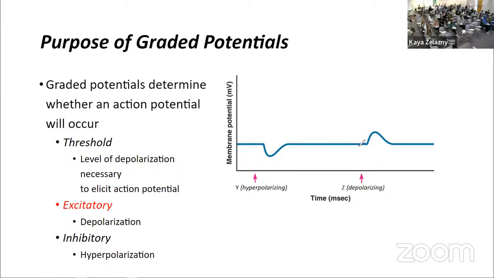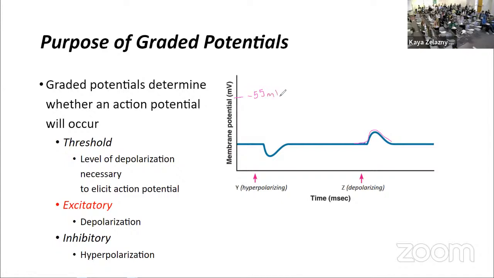The depolarization you see is here. So we've got a graph of our membrane potential in millivolts. We want to depolarize it, we go up. This would also be excitatory, right? Because what we're trying to do is get to -55 millivolts to fire off an action potential.